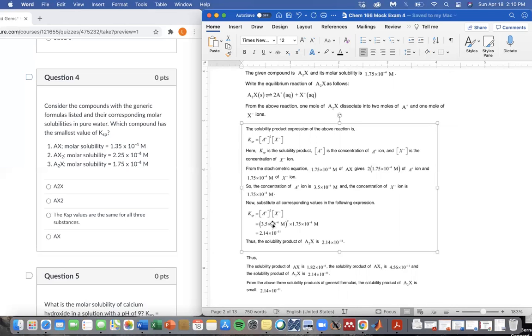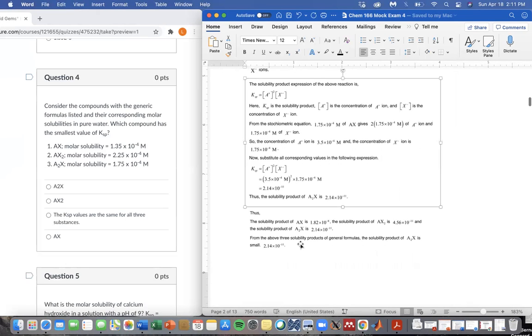You plug in that 1.75 times 10 to the negative 4th value, cube it, and multiply by 4 as well. And so you would get 2.14 times 10 to the negative 11th as your Ksp value.